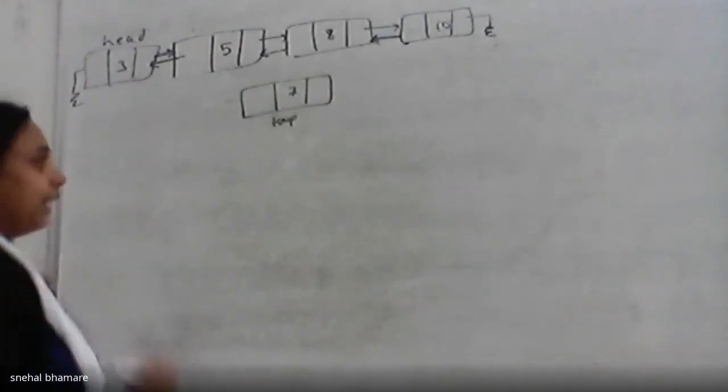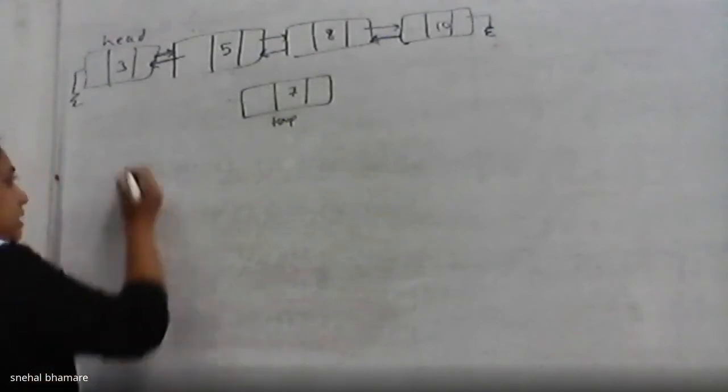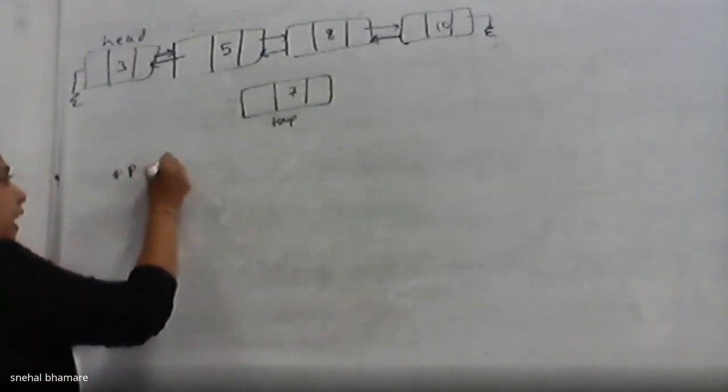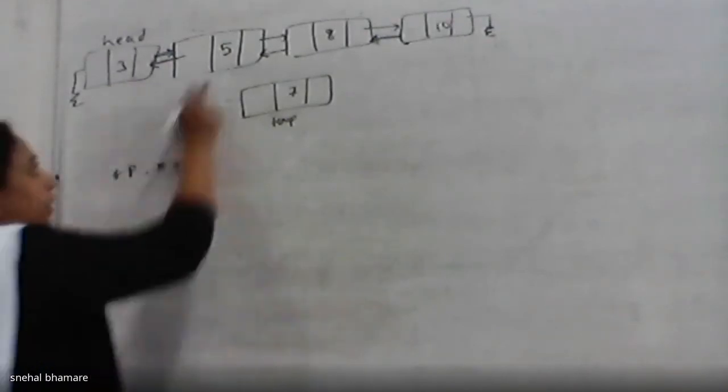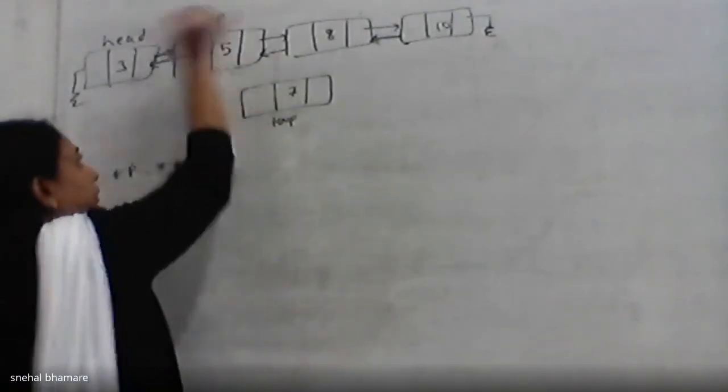So I'll take two pointer variables, pointer p and pointer q. Let p point to this node. After which node you have to insert it, we will point to that node by the p variable, and q will point to its next node. Okay.